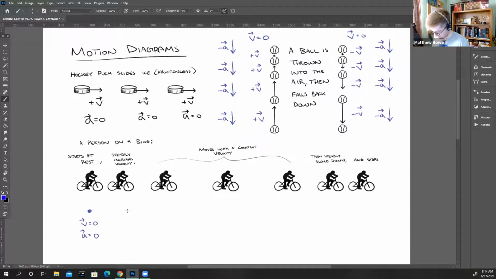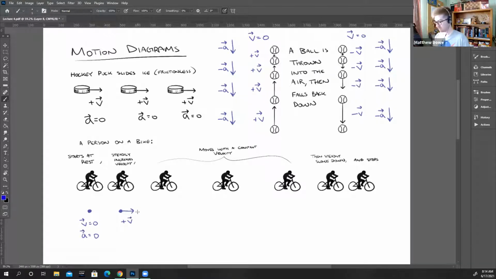All right, for this second picture, this person is speeding up on the bike. So I'm just going to make a little arrow pointed to the right. Actually, make it a little smaller than that. And this is a positive velocity. So I'm just going to put positive velocity.